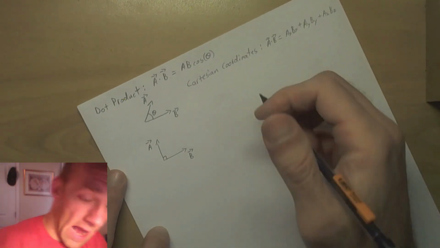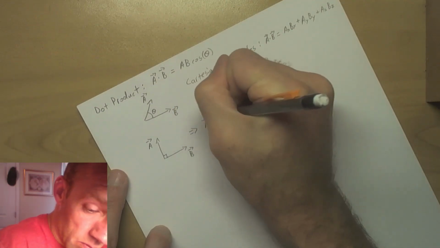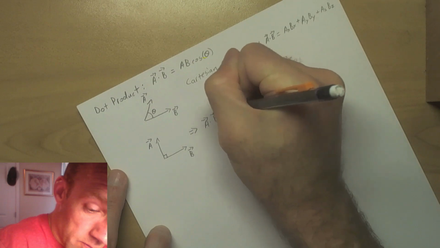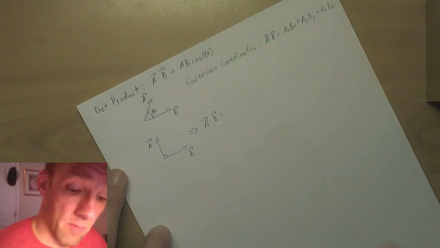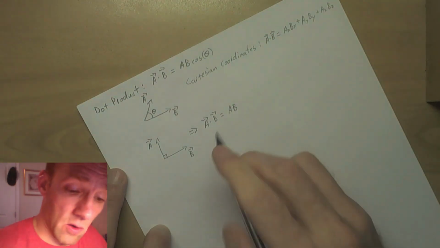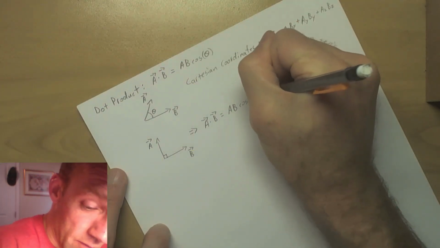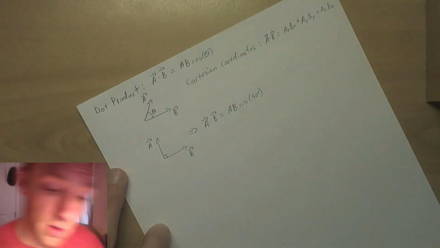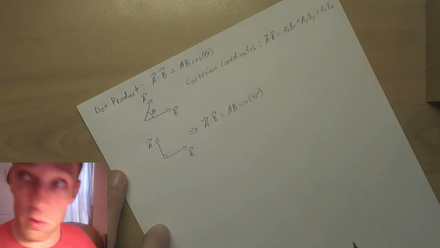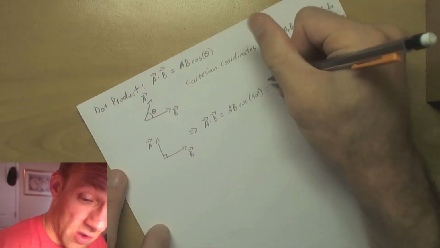Then A dot B in this case is equal to the product of the magnitudes and the cosine of 90 degrees, or pi over 2, which is 0.